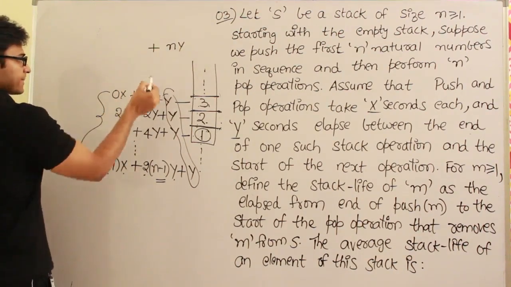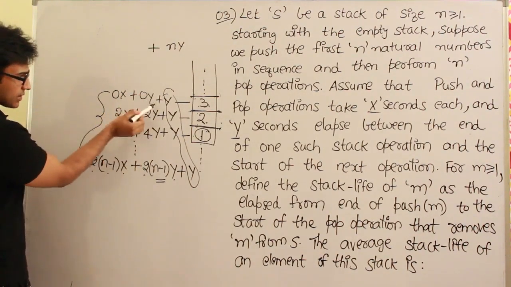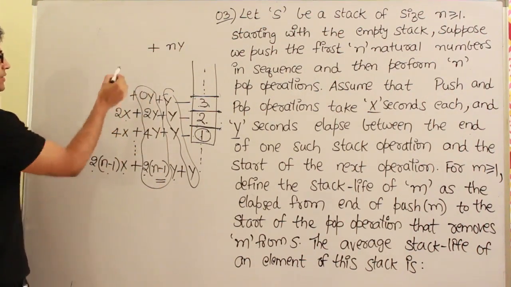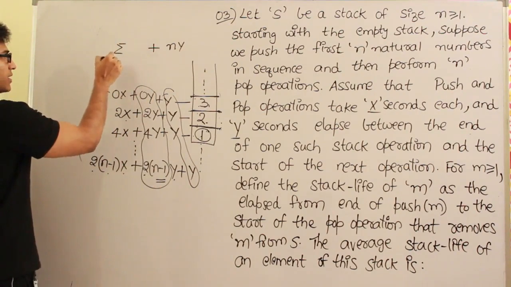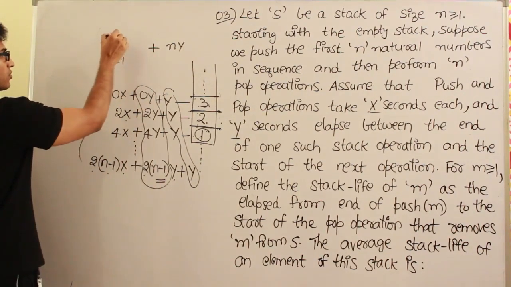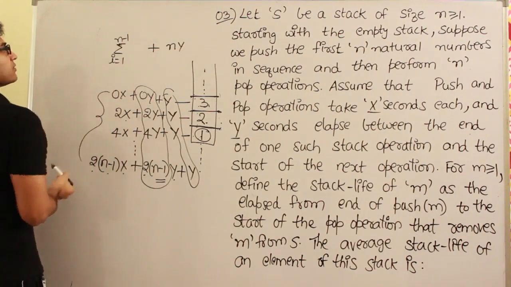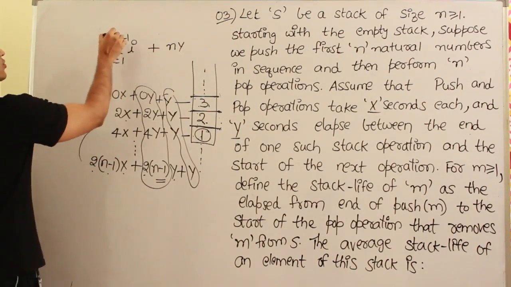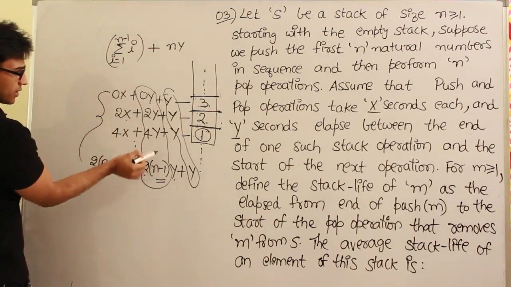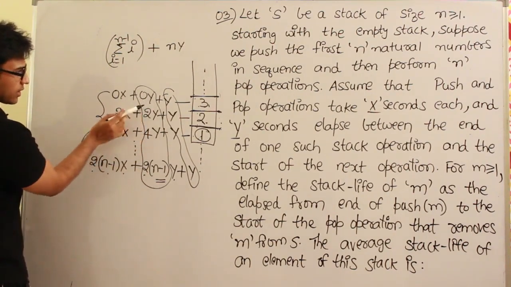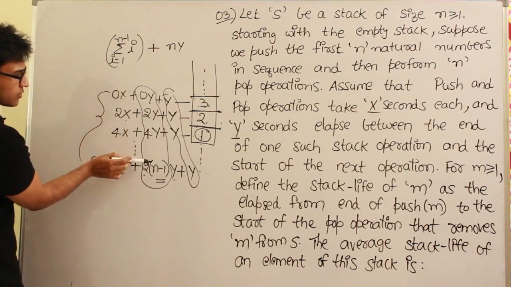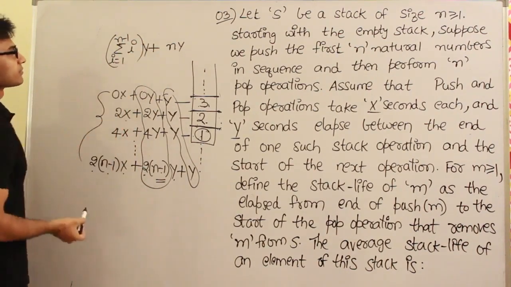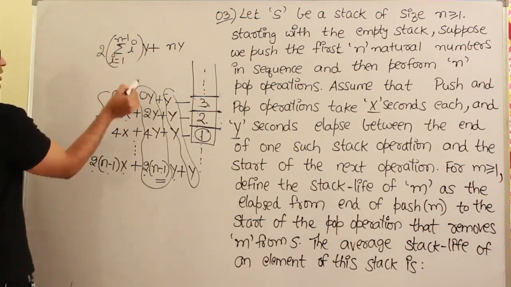Plus how many of these second elements are there? You can write this like this: sigma i equal to 1 to n minus 1, i into, because I'm pulling this out, it is 0, 2, 4, 6, so on, 2 into n minus 1 into y into 2.